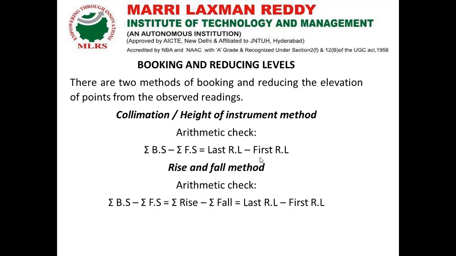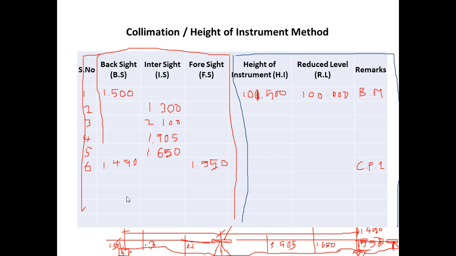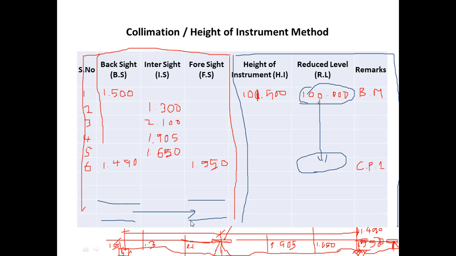This is the check we have to do, which means sum of the backsight readings minus sum of the foresight readings is equal to first RL minus last RL. We are going to keep it here. Now this difference should be equal to this difference.